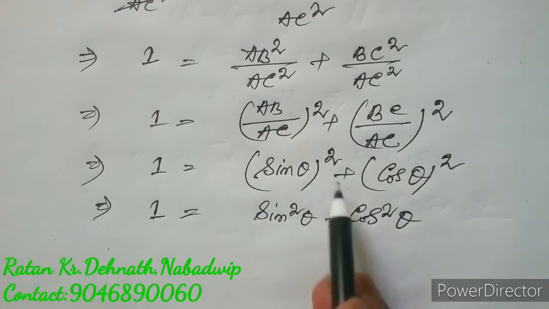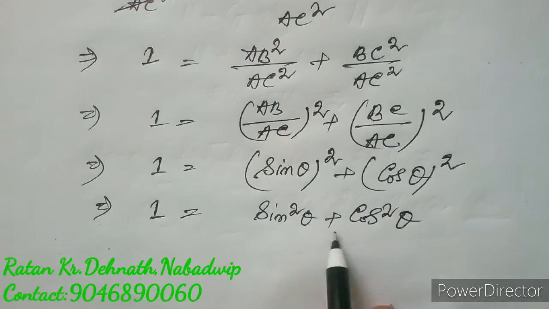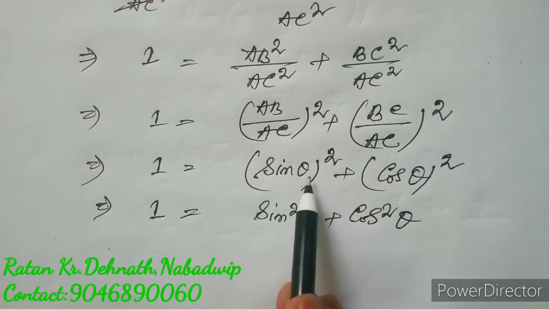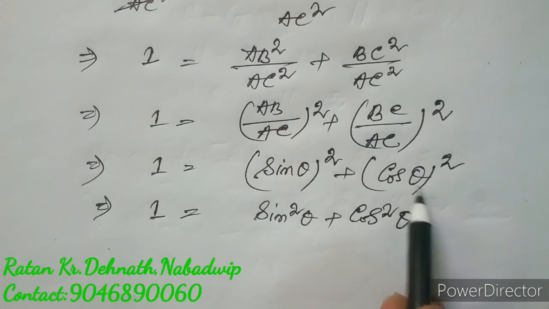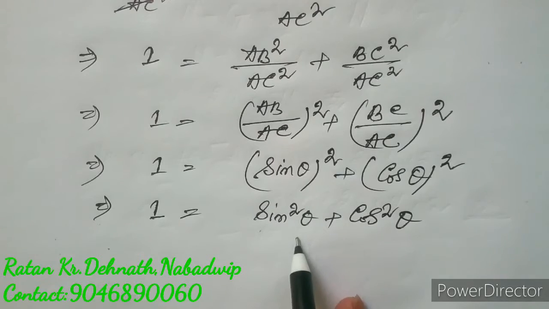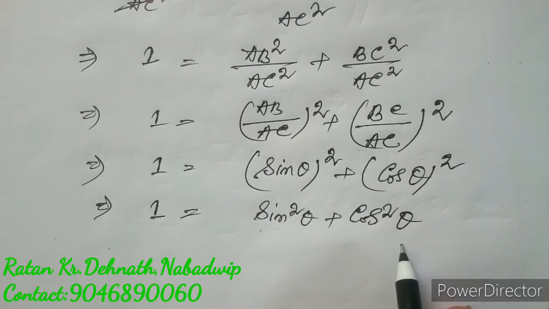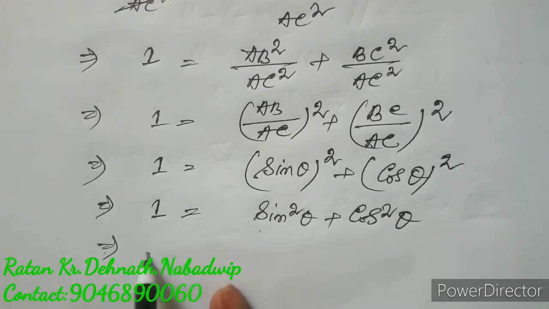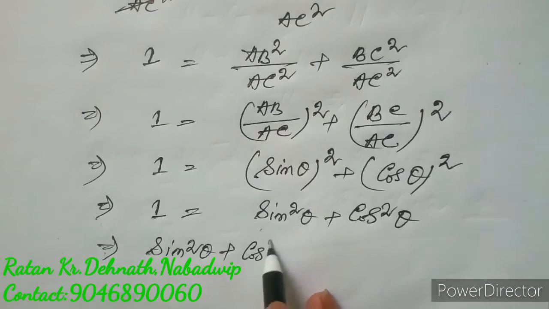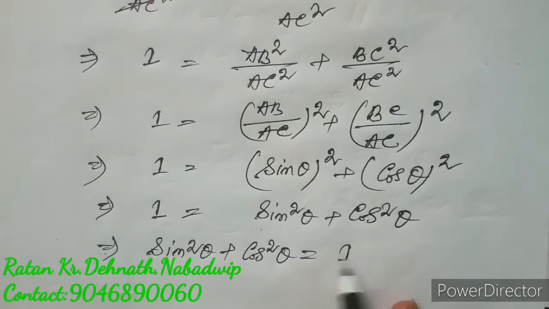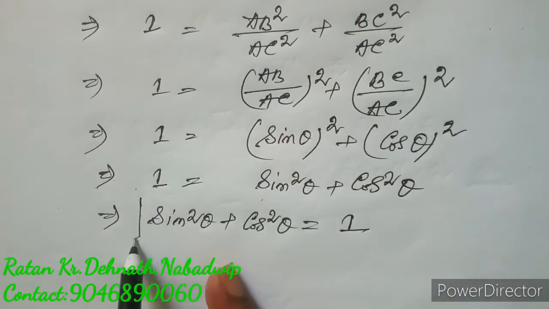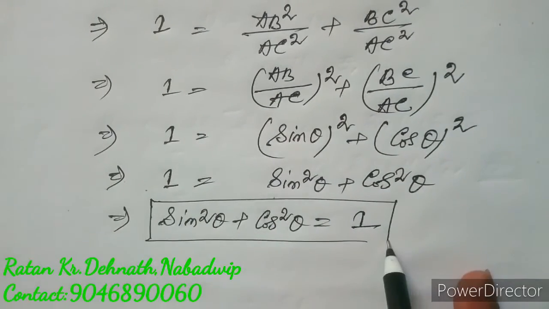Remember, we always should write sin square theta plus cos square theta, not like sin theta square or cos theta square. Thus, we established the first formula: sin square theta plus cos square theta equals 1.